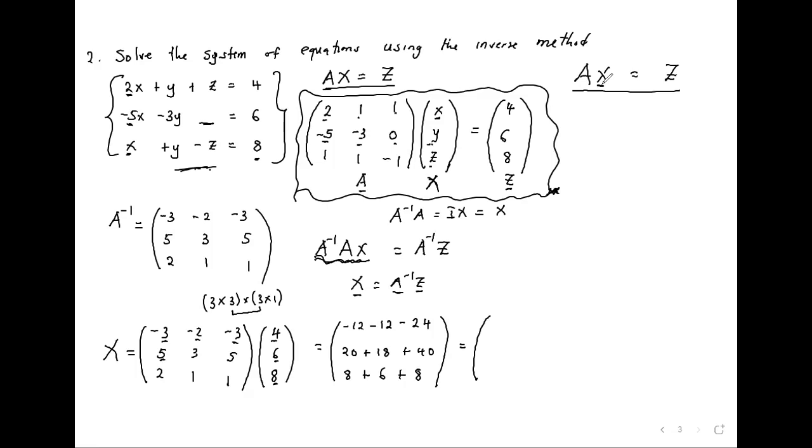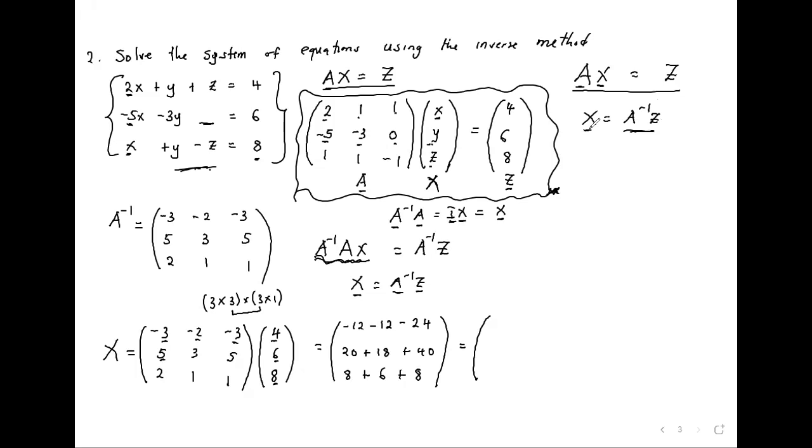How do we find that matrix? You just find the inverse of A, because we know that the inverse of A multiplied by A gives us an identity matrix, which when you multiply by any matrix, you just have that matrix. So here we say X is equal to A inverse multiplied by Z. This is what will give us the variable that we want.